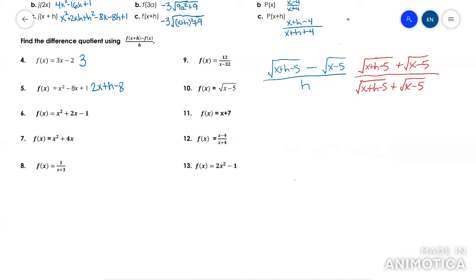Okay. Now, when you FOIL the top, the roots drop. So like this first part, the f of FOIL, this root times this root, just drop the root. It's going to become x plus h minus 5. All right, the o and the i of the FOIL, the outside and the inside, these guys cancel each other out, so you don't even need to write them.